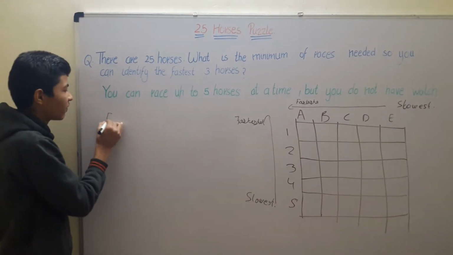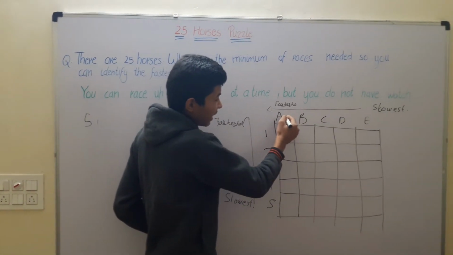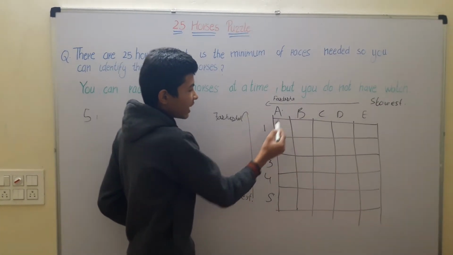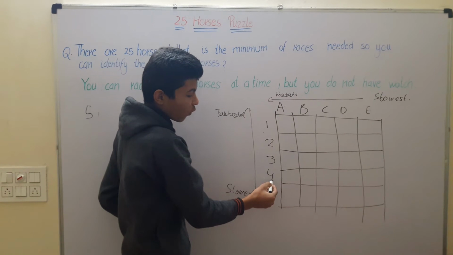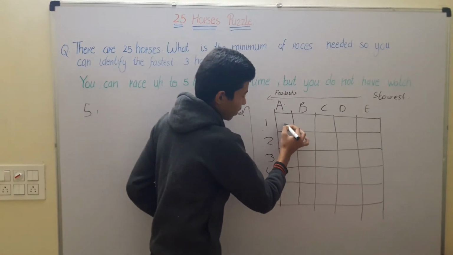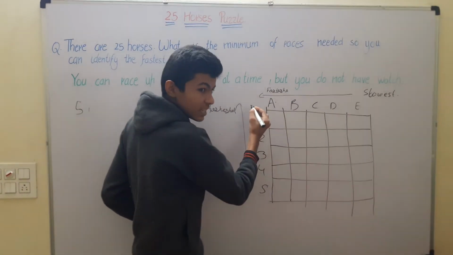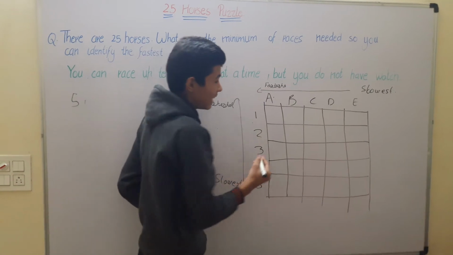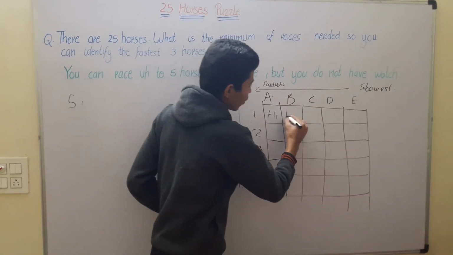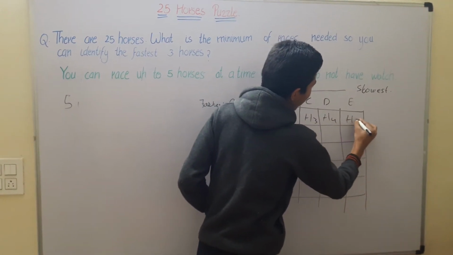The first 5 races: the first is a race of row A, which includes horses A1, A2, A3, A4 and A5. We conduct all these races and get the results: horse 1, horse 2, horse 3, horse 4 and horse 5.